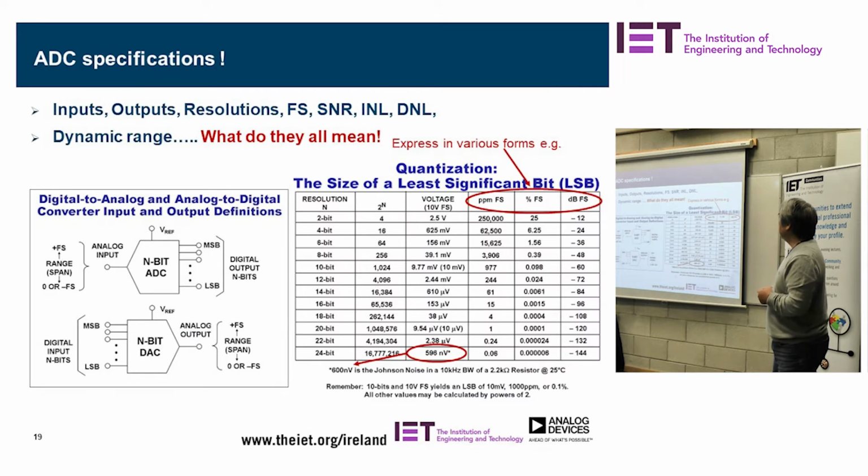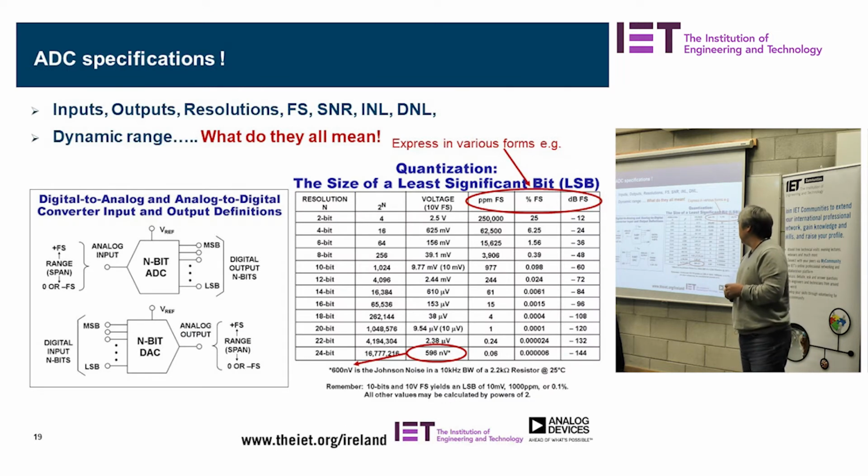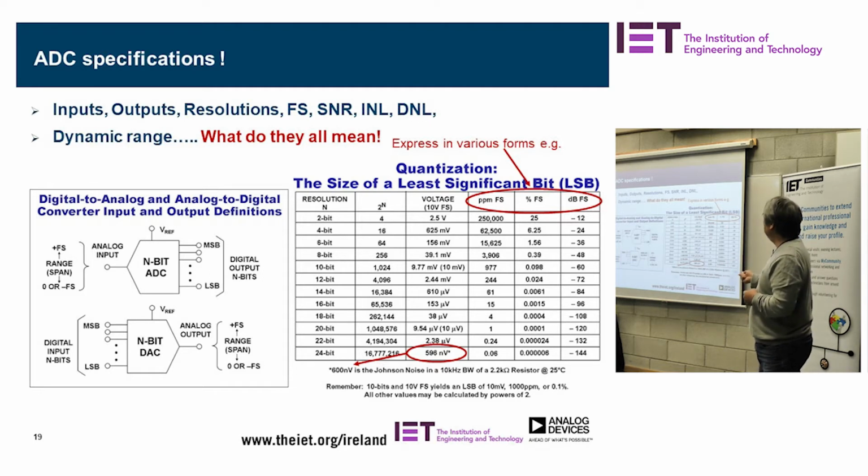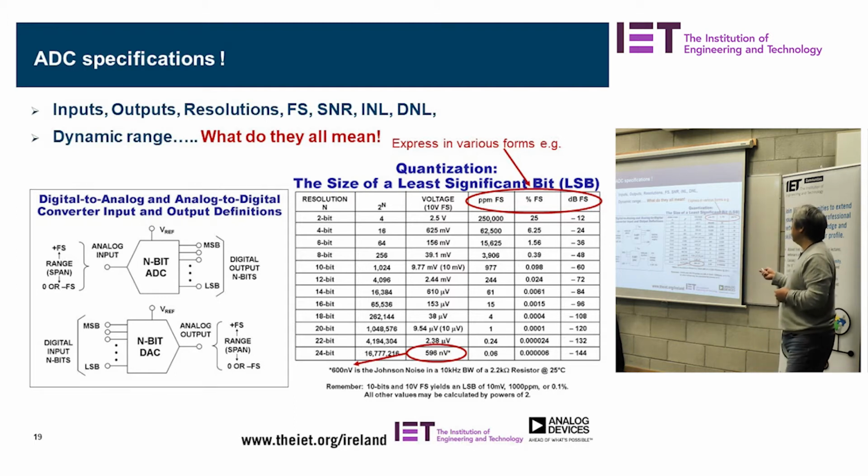Okay, so look at the ADC specification. It's something we need to know. They always give three different types of specification: parts per million of full scale, percent of full scale, and dB of full scale.